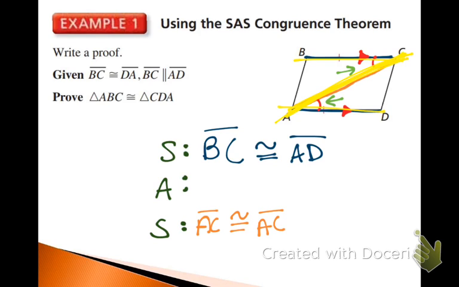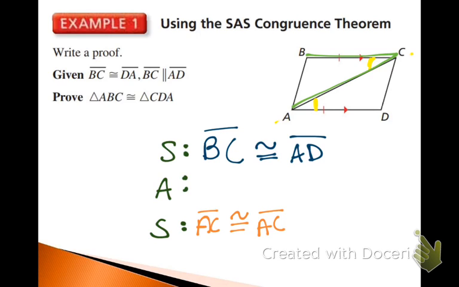So we need to name the angles that are congruent. Okay, so we're naming this angle and we're naming this angle. A lot of people would say we would name this angle by C. But it's another angle. It's two angles.